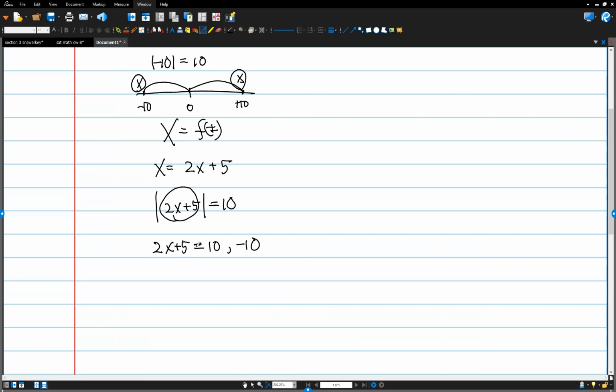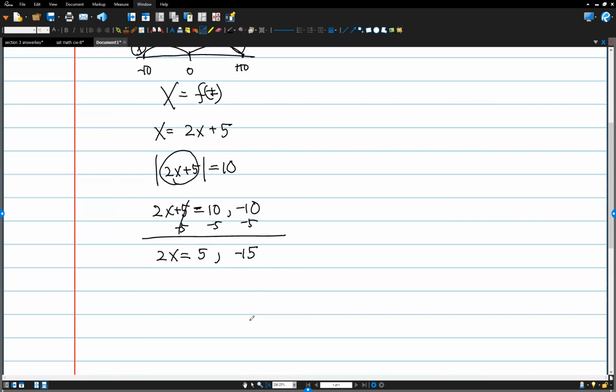But we are not done, so we need more algebra. Subtract 5 from both sides. 2x equals 10 minus 5 is 5, or negative 10 minus 5 is negative 15, right? We need one more step. That's why this is a two-step equation. Divide by 2 again. So x is finally 2.5, or 5 over 2, or negative 7.5. That's the equation.